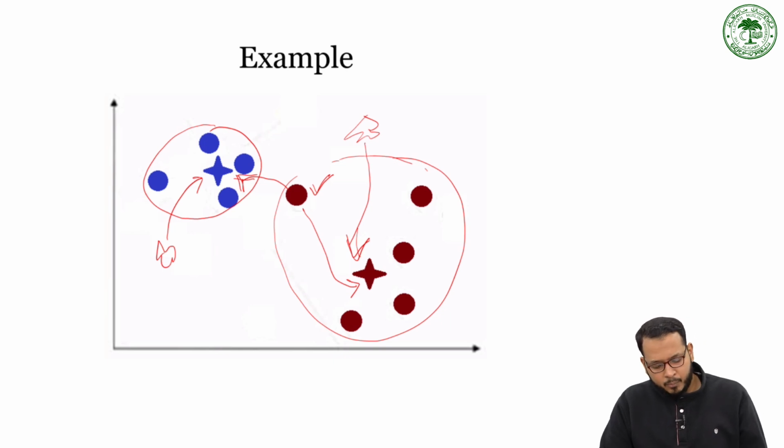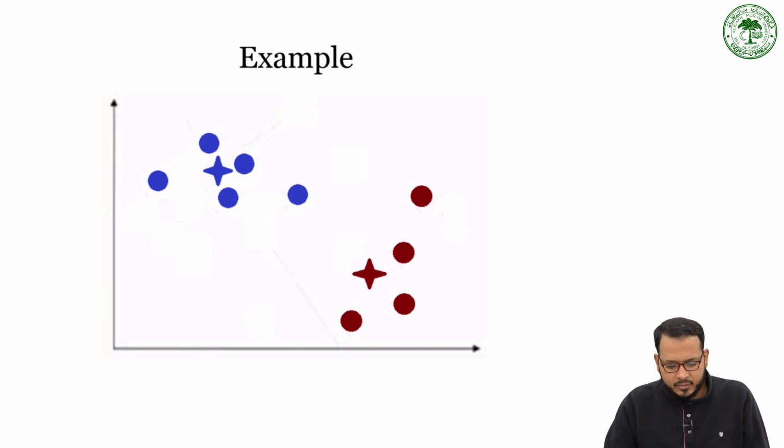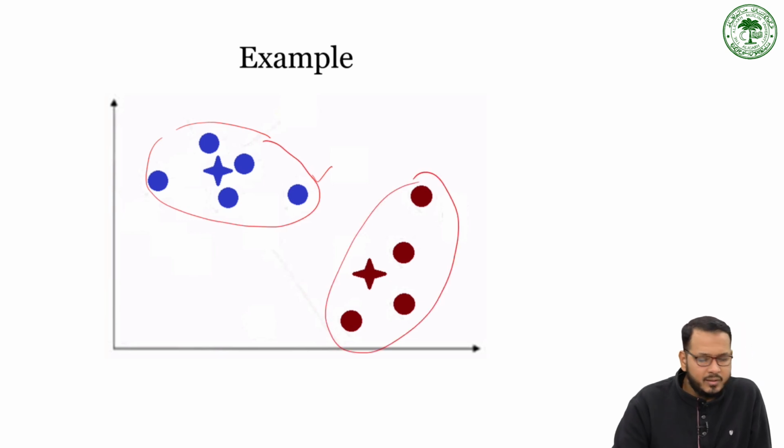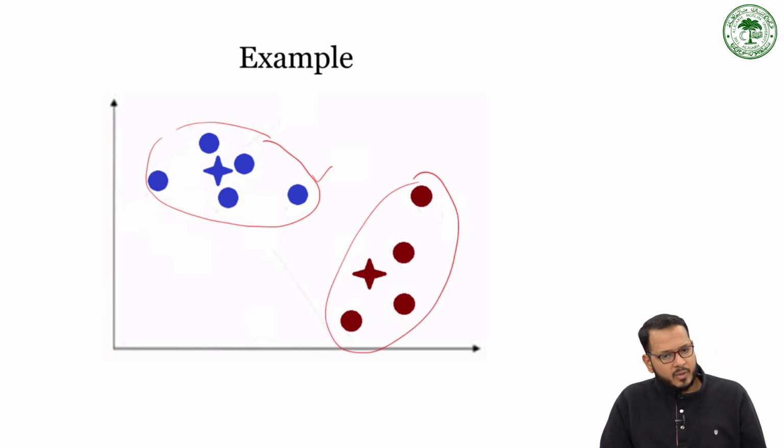So points may shift their centroid preference or cluster preference as well. After the second iteration, we will see that this point now belongs to the blue cluster, not the brown cluster. And we repeat this process once again.